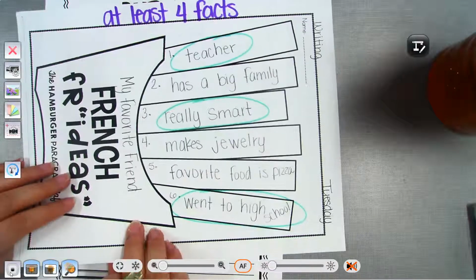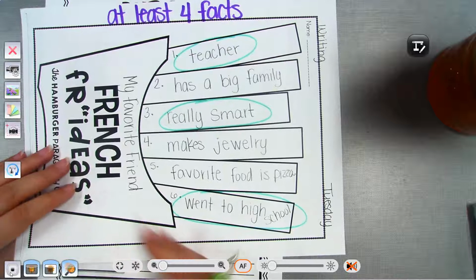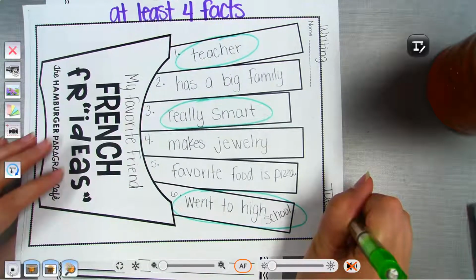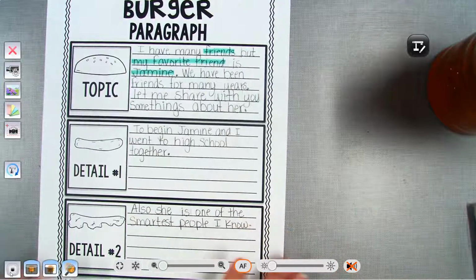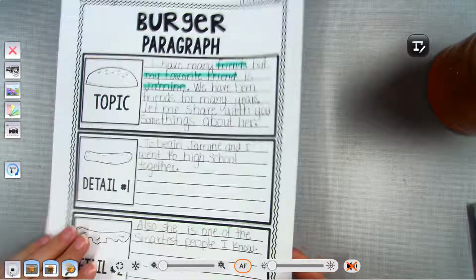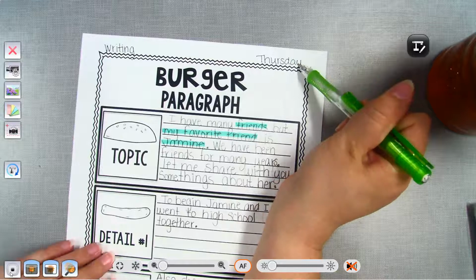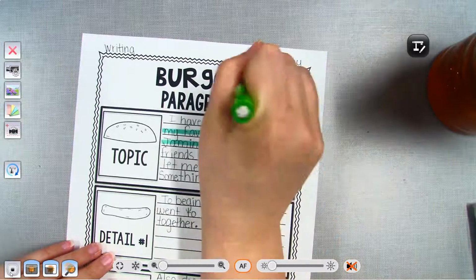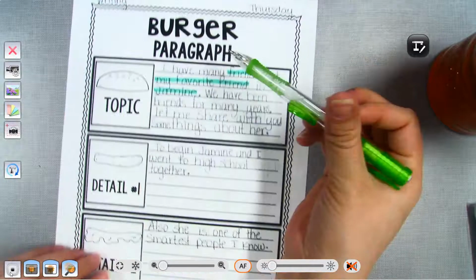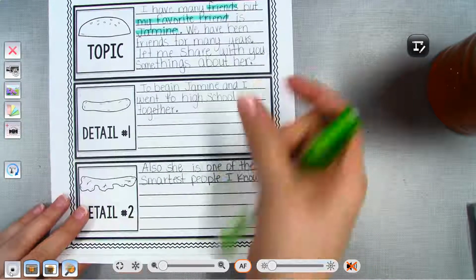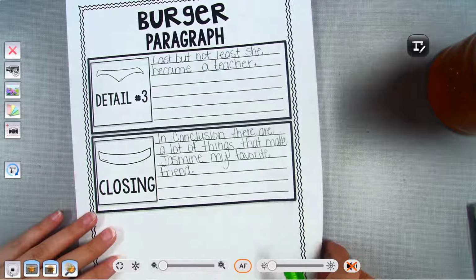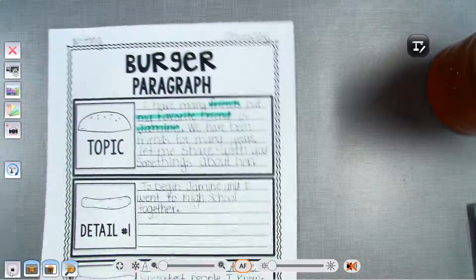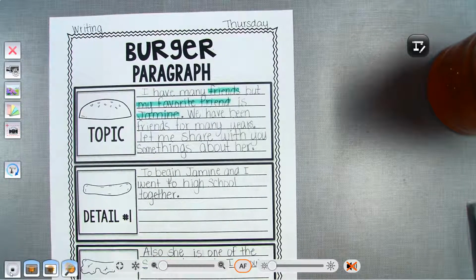If you don't have it and you can't remember what you wrote, you can go back to Thursday's assignment last week to find it. It's called My Favorite Friend. If you don't have this paper, you can go back to last Thursday's assignment where it's talking about burger paragraph to copy it, and then you need to write your first detail, your second detail, your third detail, and your conclusion for me and upload it. All right, guys, and make sure you hang on to this paper because we're still going to be using it through this week.